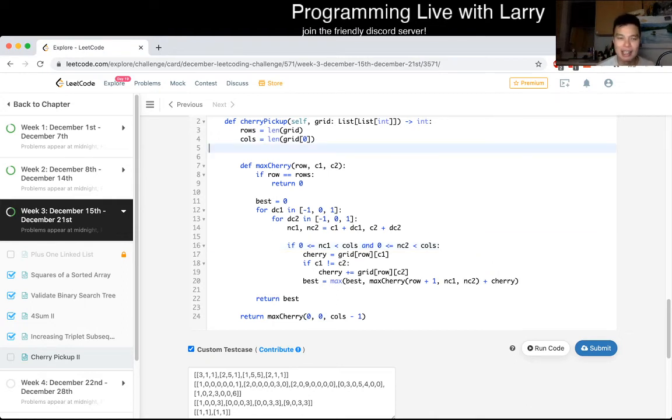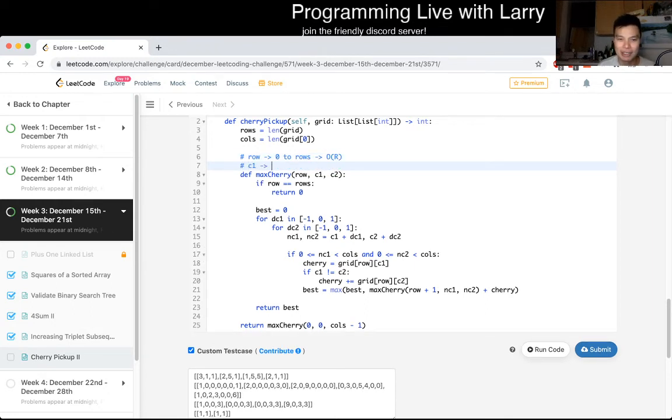So let's do that. Rows. Well, how many different types of inputs are there to row? Well, it is just rows, right? Because it could go from 0 to rows, and so therefore it's O of R, say, just for a little shorter.